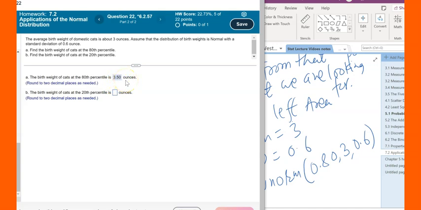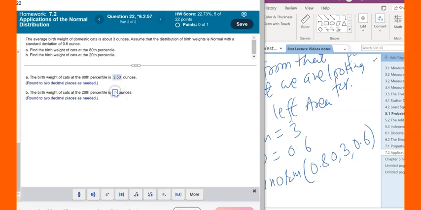Only 20% is more than 3.50 ounces. 80% of domestic cats who are born have a weight of 3.50 or less at birth. Okay, that's what it means. Similarly, you can finish the 20th percentile too. The same idea here. You just put 0.20 for part B.